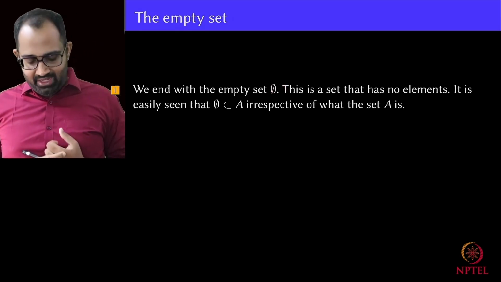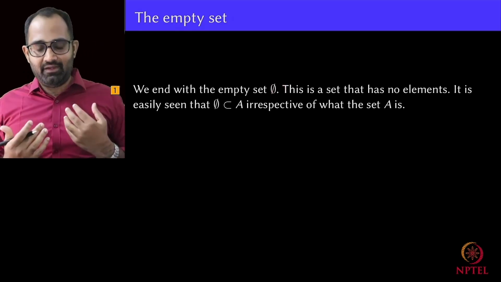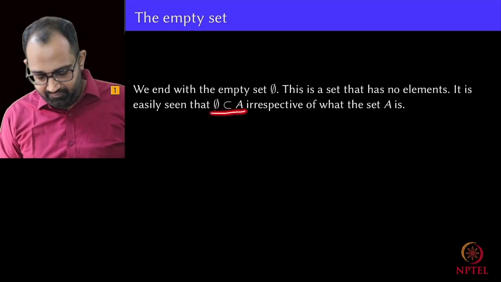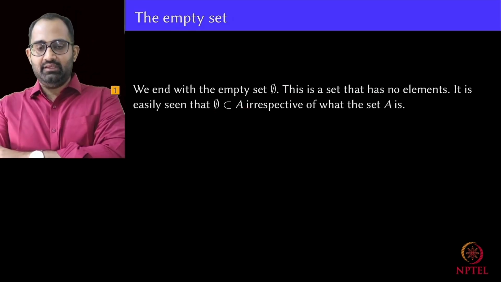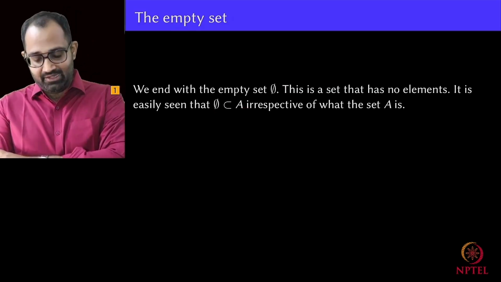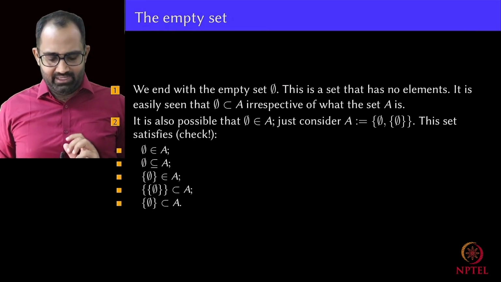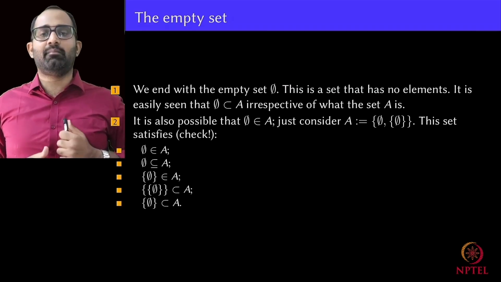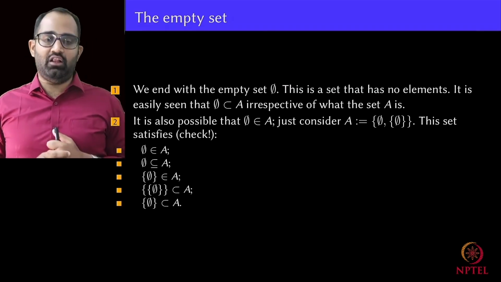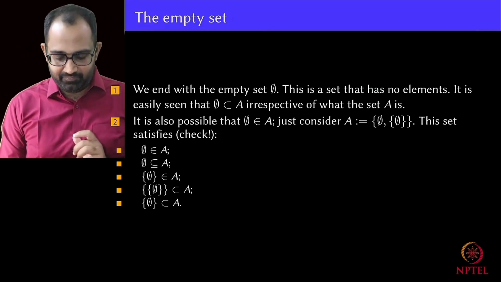This set has no elements, and for that reason, this set phi, the empty set, is a subset of any set A irrespective of what that set is. Why is that true? Well, let's think about it. How can it be false that phi is a subset of A?